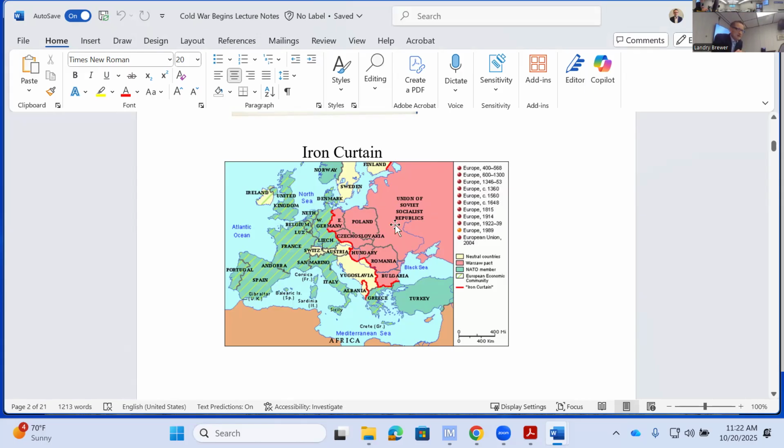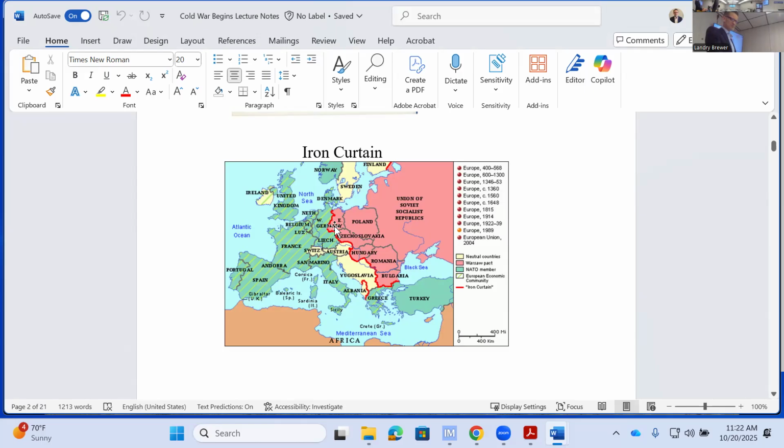And the Soviet troops went into those territories and forced the people to accept communist governments. And so these countries became communist countries that received their marching orders from the Soviet Union, from Moscow, from the communist government there.